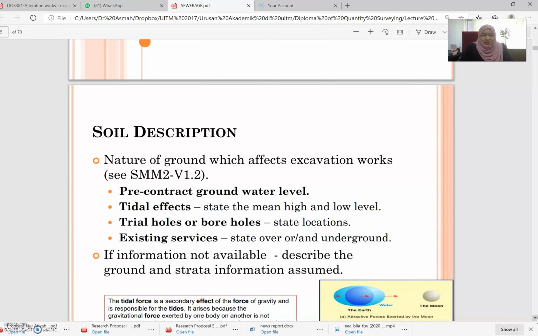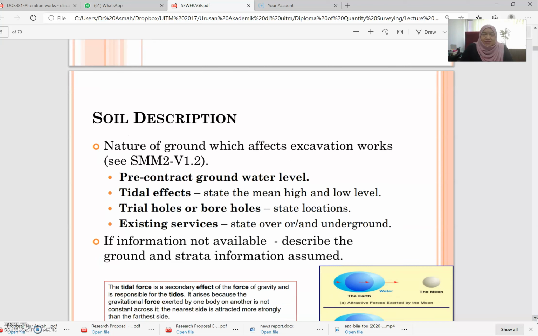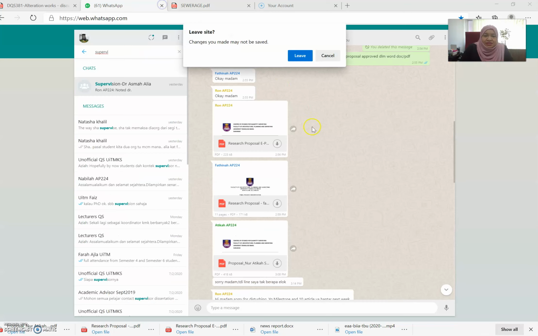As usual, for the soil description you need to refer to SMM2 V.1.2, just like what we did for surface water drainage. You need to explain the nature of ground and the precondition of the ground level. If you have trial holes or boreholes, you need to describe those as well, and then existing services.